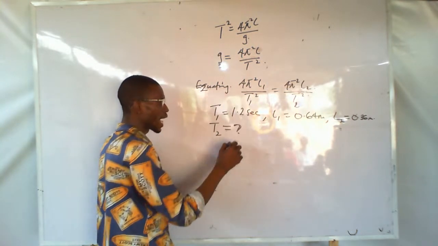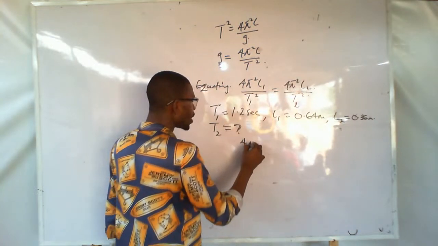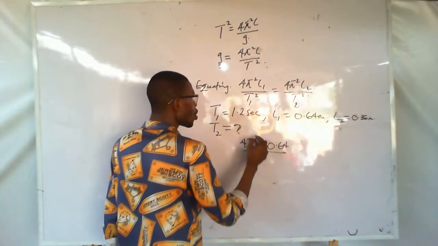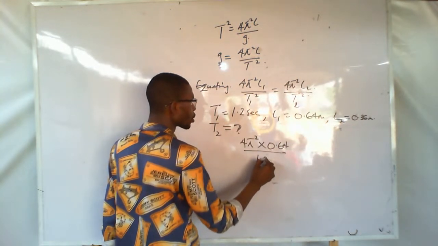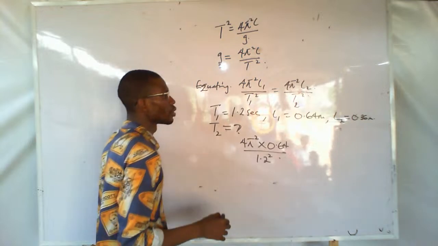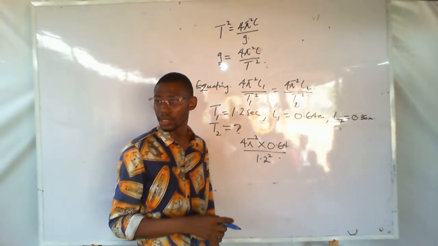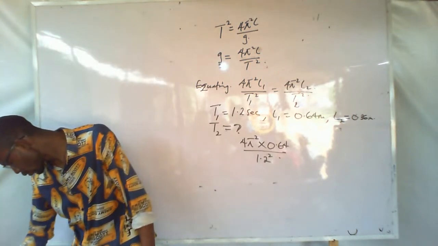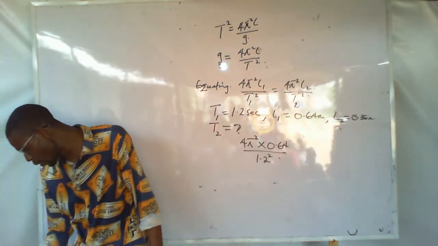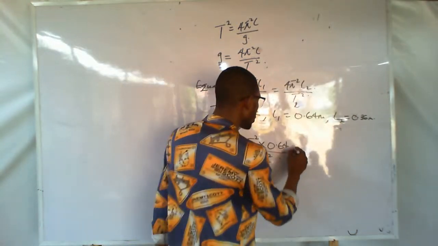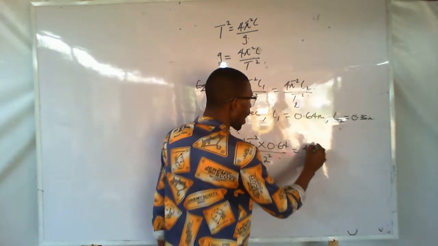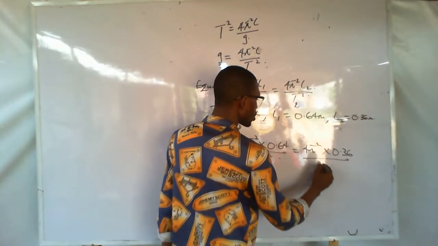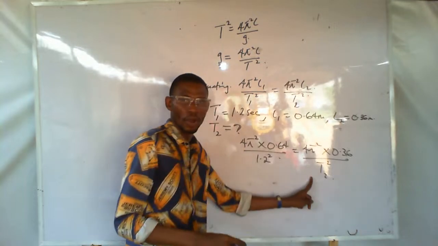From this point, I can now fix my values. 4 pi squared times my L1, 0.64, over my T1, which is 1.2 squared. Then the other one is 4 pi squared times 0.36 over T2 squared, which is what I'm looking for.